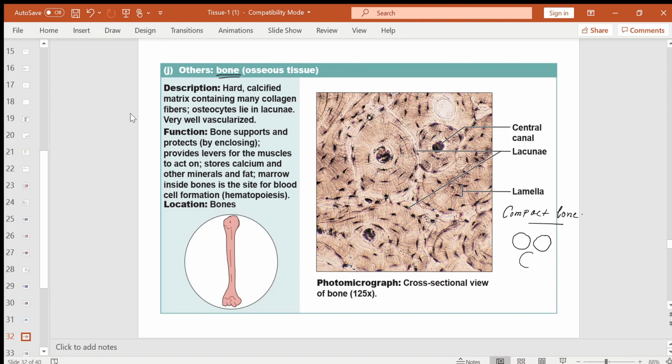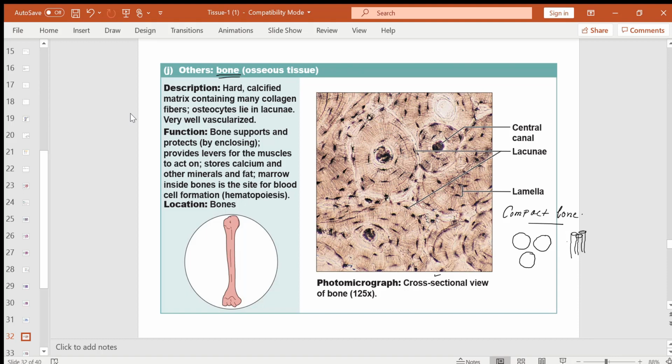This is a cross section. Remember, this slide is actually a cross section of the compact bone. Actually, the compact bone is formed by many columnar structures, many columns bundled together. Many columns are packed together inside the compact bone.